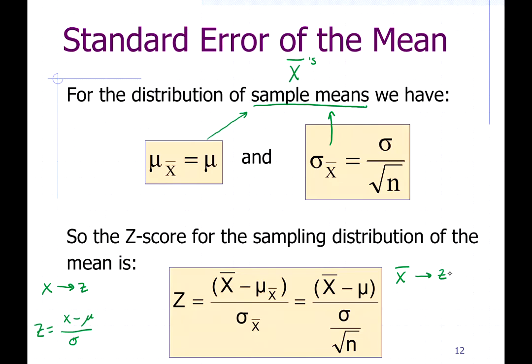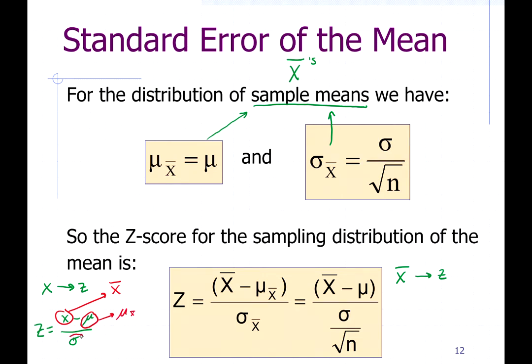Right? So we can replace the x with an x bar, because that's what we're converting. We could replace the population mean with the mean of the sample means, because they're equal to each other.